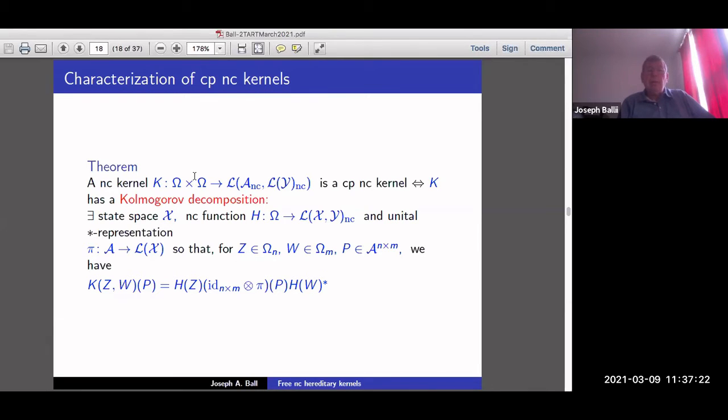You have a noncommutative kernel, then it's going to be completely positive exactly when it has this noncommutative Kolmogorov decomposition, which means there's an auxiliary Hilbert space X, a noncommutative function H from omega to square matrices over operators from X to Y, and a unital star representation pi for your C-star algebra A going to operators on X, so that for arguments Z and W, level N and M, P n by n matrix over A, K(Z,W)(P) has this factorization.